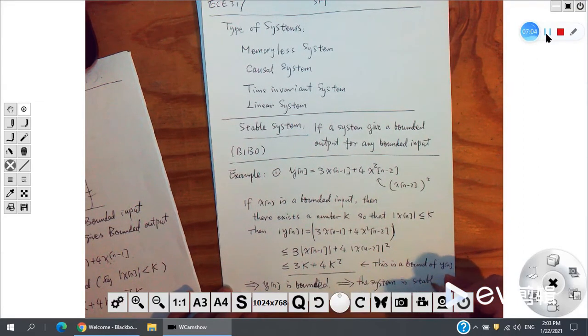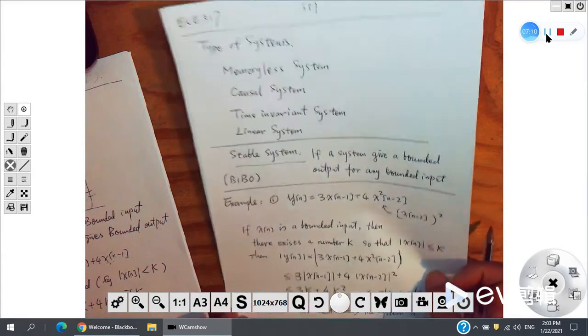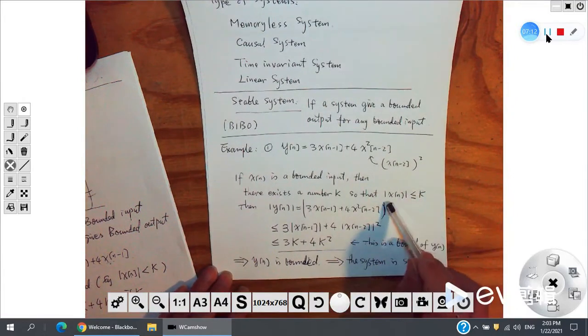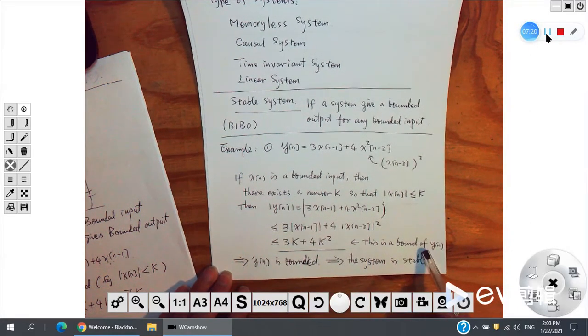So if you want to check whether a system is stable, you can work like this. You choose any signal and suppose this signal is bounded. Use this signal as input and check whether the output is bounded. Then you can know whether the system is stable or not.